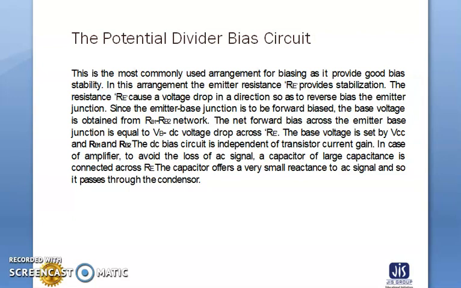The DC bias circuit is independent of transistor current gain. In case of an amplifier, to avoid the loss of AC signal, a capacitor of large capacitance is connected across RE. The capacitor offers a very small reactance to AC signal, and so it passes through the capacitor.